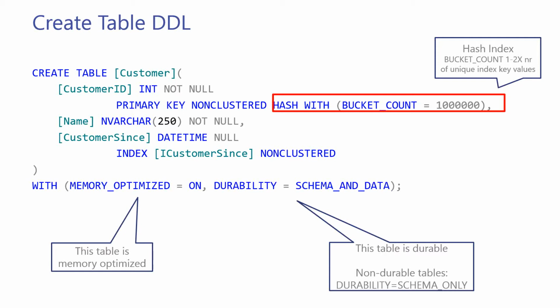Now the fact that it doesn't change during its lifetime has some benefits, including especially performance benefits, but you do need to be aware that you need to specify this bucket count, and usually we recommend using between 1 and 2 times the number of unique index key values as the bucket count. But it is usually not a problem if you oversize it. So if it is like 10 times the number of unique index keys or 10 times the number of rows, that is usually not a problem.